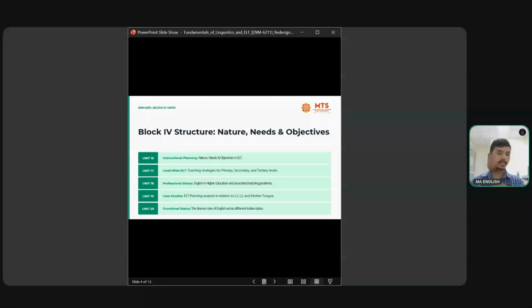Unit 19 deals with case studies, ELT planning analysis in relation to L1. L1 stands for language 1, the mother tongue. And unit 20 deals with functional status, the diverse roles of English across different Indian states. So this is the structure of Block 4 from unit 16 to unit 20.